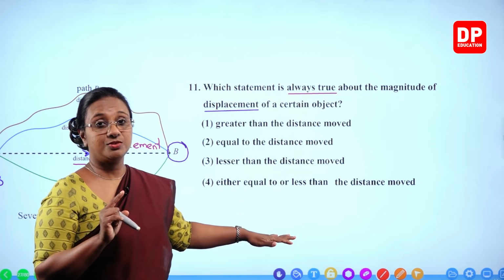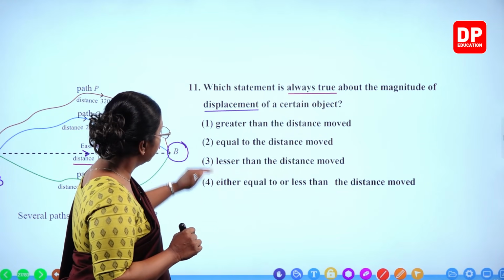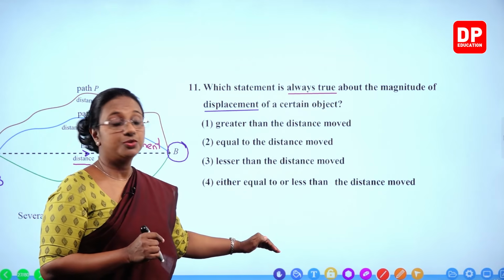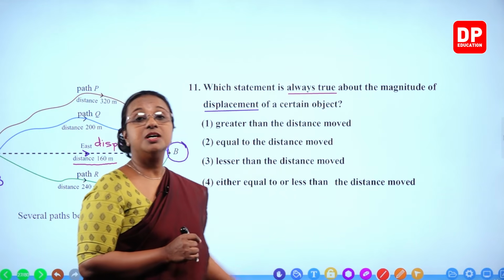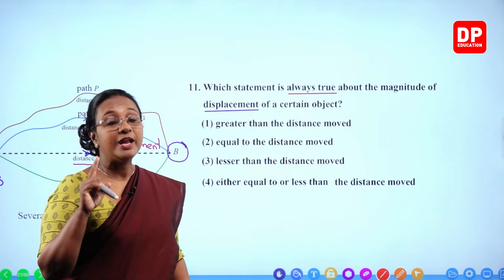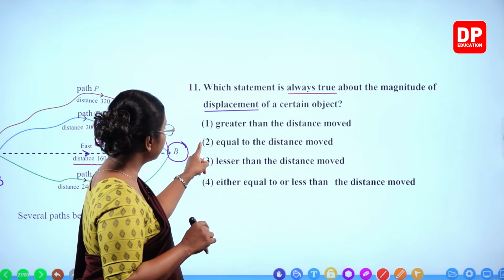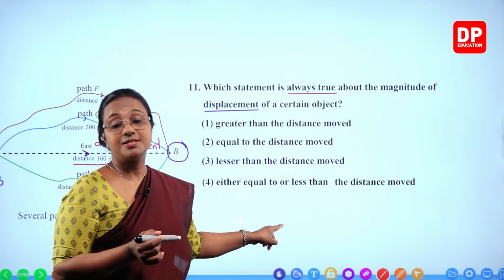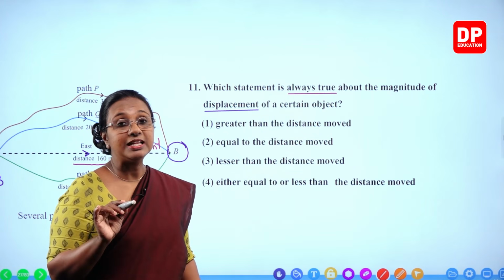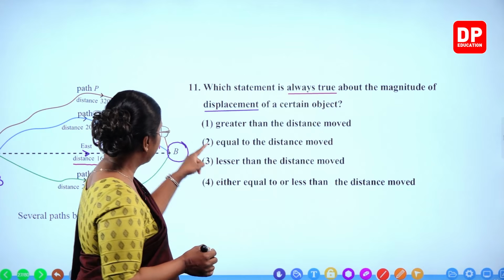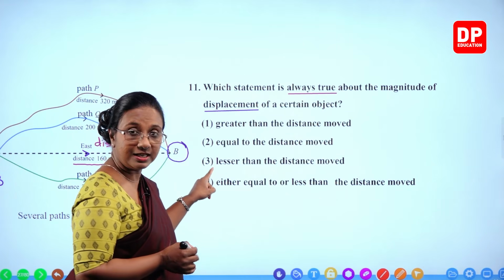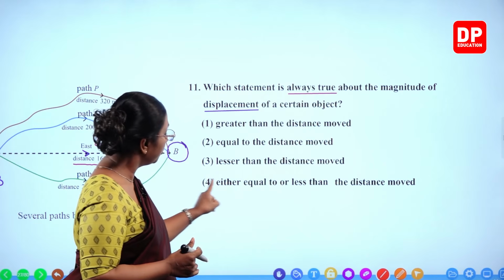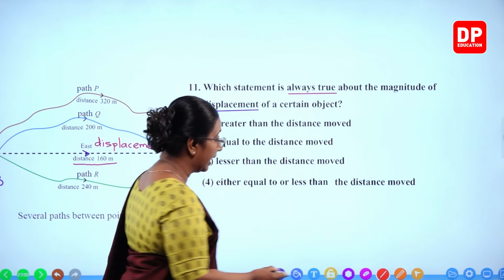Now can you all see, students? Out of all 4, 2, 3 and 4 are correct. But out of those 3, this is the most appropriate answer. So when you are answering the question, don't just read the second one and mark it. Read all the answers. Then only you will get the most appropriate. Because both second and third are correct, but only under certain instances. The fourth one gives you the complete answer.